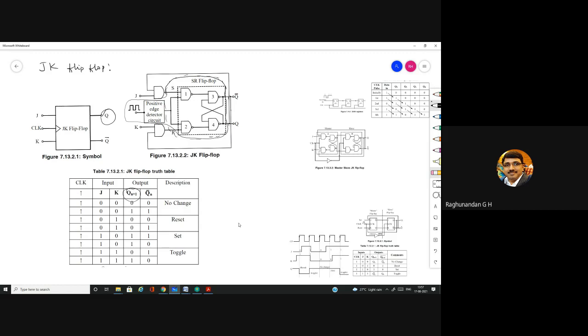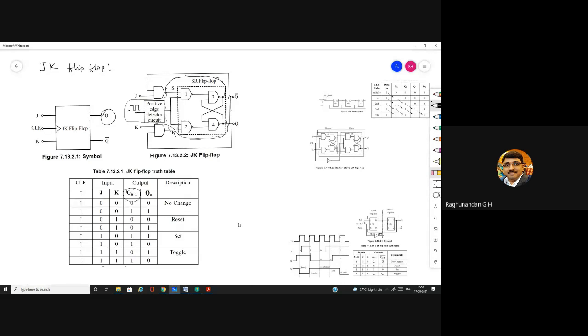When both the inputs are 0 0, the output will be based upon the last output Qn, and this is Qn plus 1. In the same way, when J and K are 0 0, Qn plus 1 is 1 based upon the last value of Qn bar. So it will retain the same values without changing it when both J and K are made to be 0.